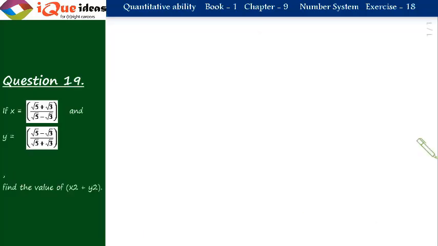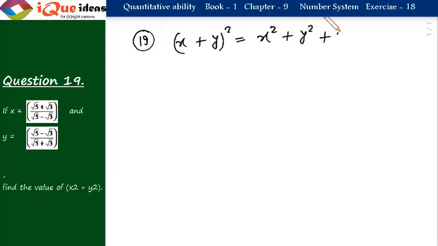Now question number 19. To solve question number 19, there are two ways. First, let's see. We know x plus y whole square would be equal to x square plus y square plus 2xy. Alright. Here it is given x and y, the values are given.